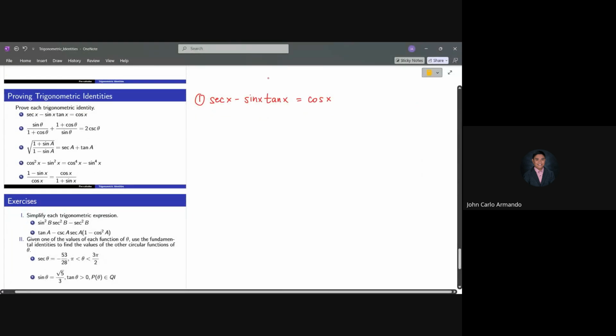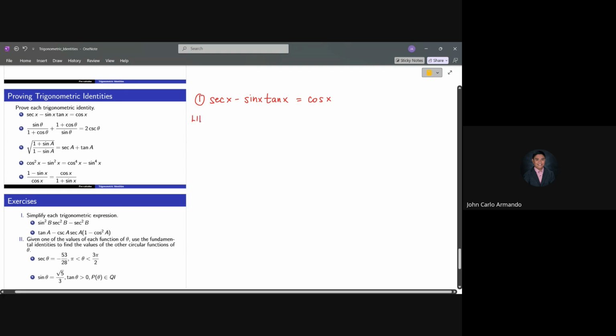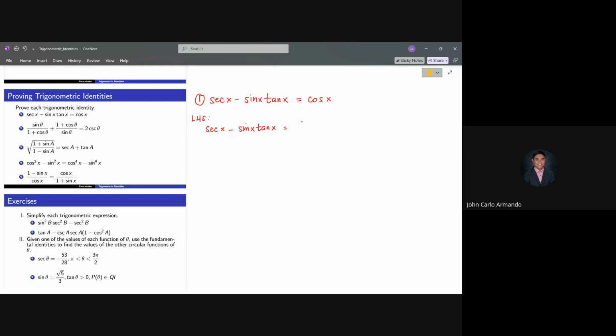Okay. What you're going to do here is to manipulate the left-hand side. We will manipulate the left-hand side of the equation. That is secant x minus sine x times tangent x. What you're going to do here is to transform secant x in terms of cosine by reciprocal identity.